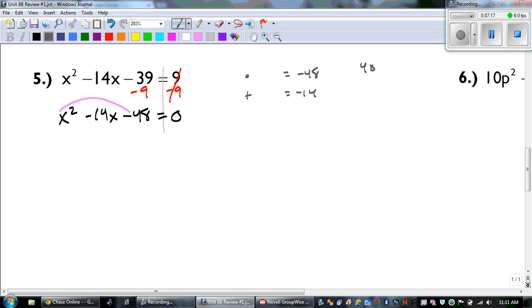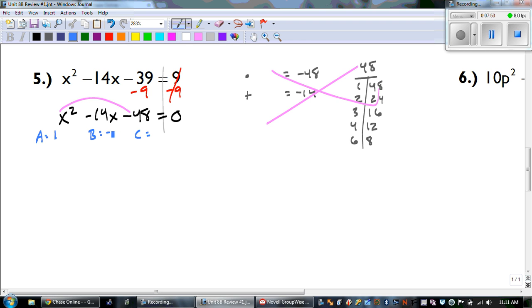Well, the factors of 48, let's just write them all down. We got 1 and 48, 2 and 24, 3 and 16, 4 and 12, and 6 and 8. Are there any combinations in here that's going to get us to negative 14? No. So that means we need to do the quadratic equation. I need to know what A, B, and C are.